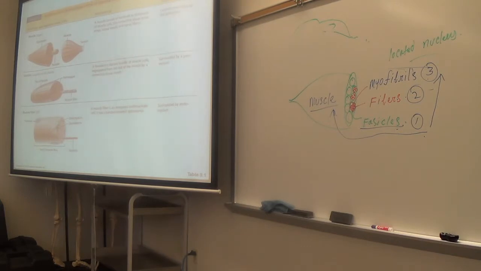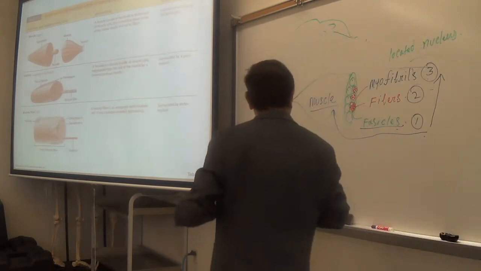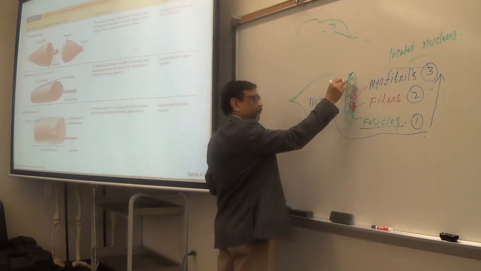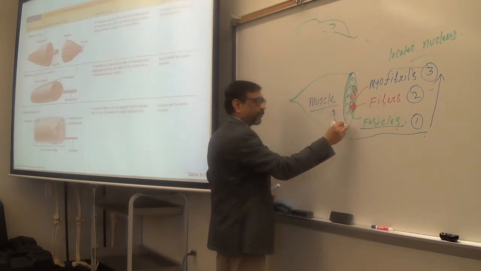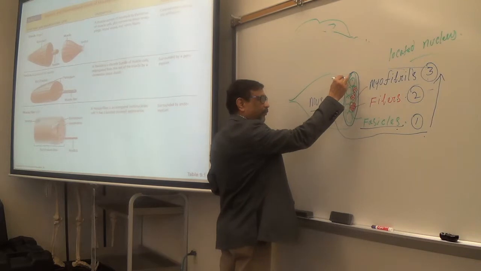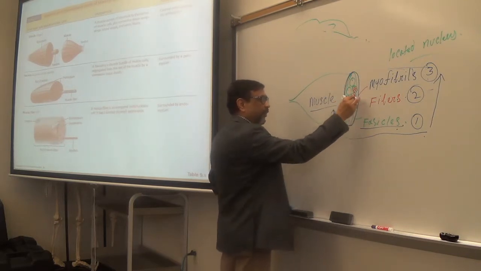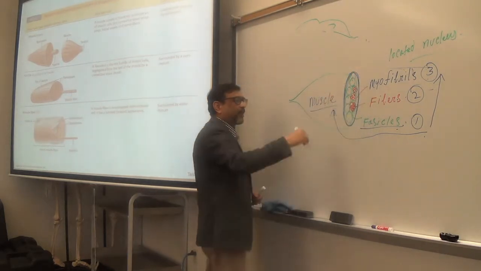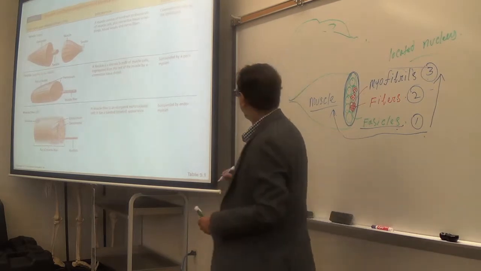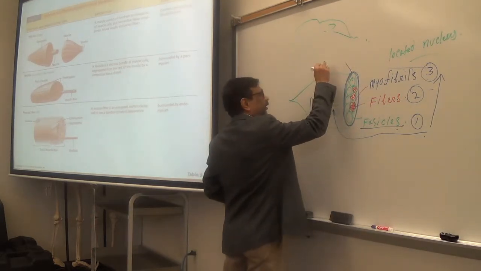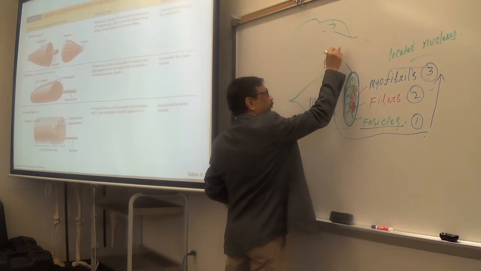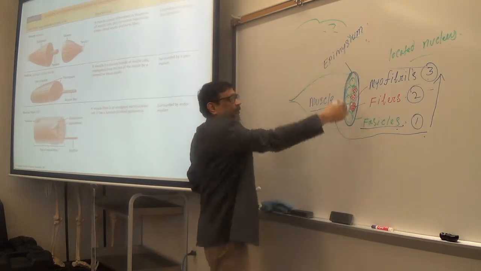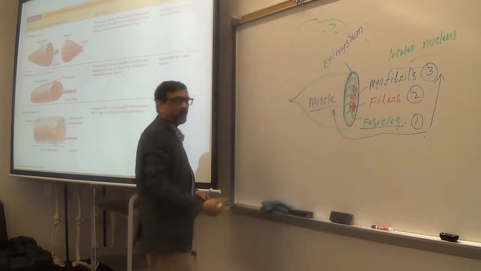Now we'll see the connective tissue covering. The whole muscle is covered by a connective tissue membrane that is called epimysium. So epimysium covers the whole muscle.